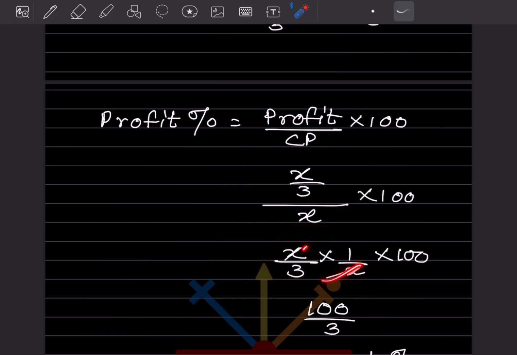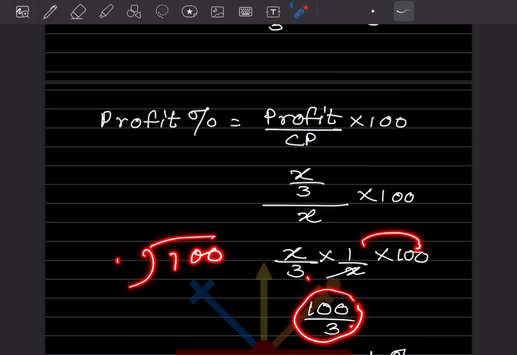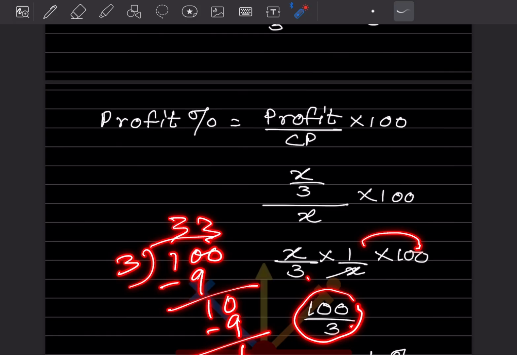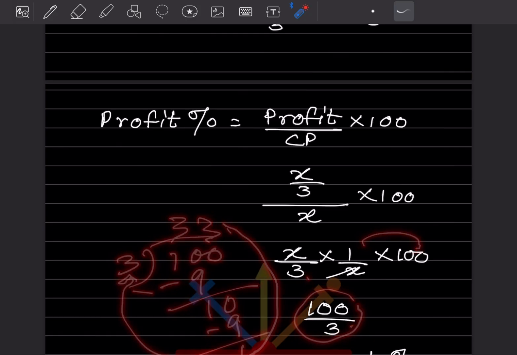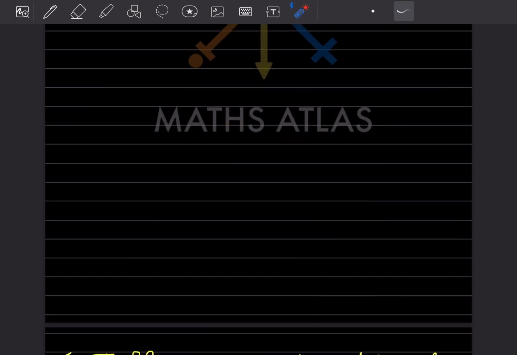So this x and x get cancelled. So this will be 100 divided by 3. When you divide this, 3 3s are 9, so there is 1 remaining. So we can write 33 1 by 3 percent. So this is the answer.